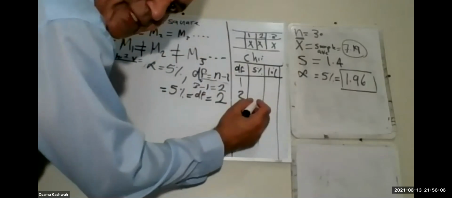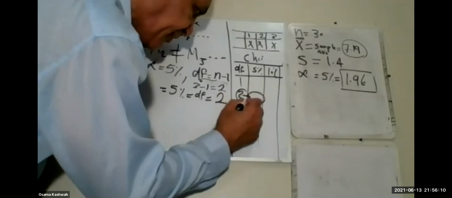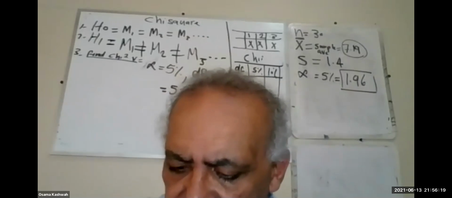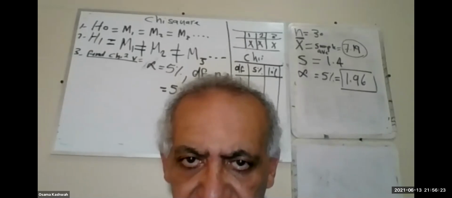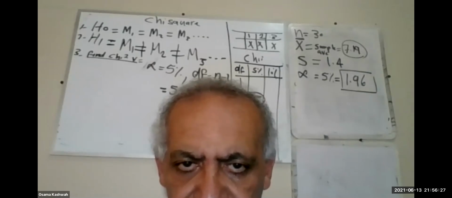Because I have 5%, I have 10%, and so on. I want 5% and degree of freedom 2. Here is the degree of freedom 2 and the 5%, and I will find this number. I have to go back to the page I was working on.